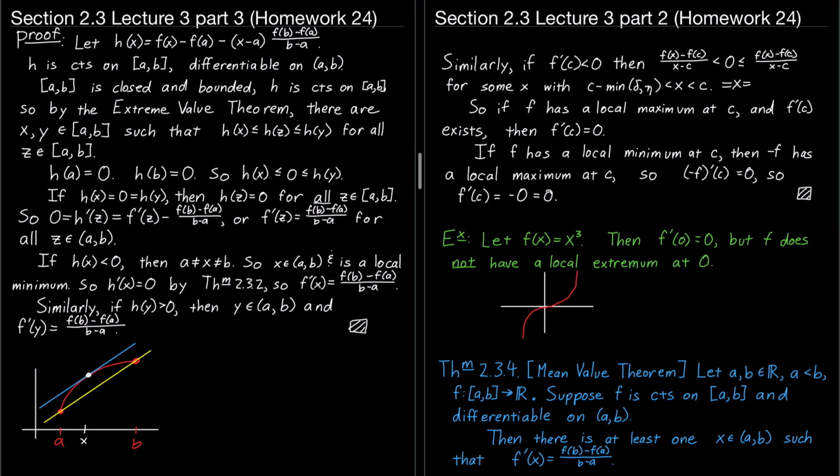If I draw this picture oriented the other way, with the graph oriented the other way, your point x would be coming from a local minimum of h. Sorry, this one is coming from the local maximum of h.